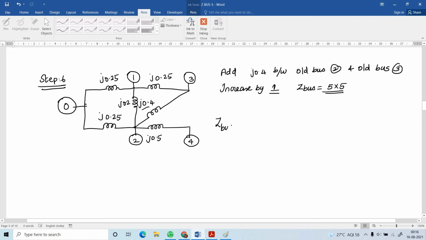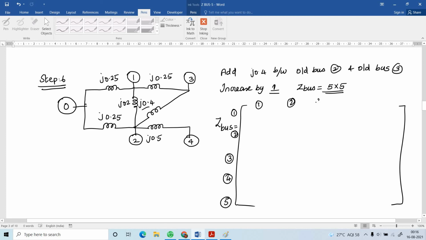First of all, I am going to write the 5 cross 5 matrix first. After finishing this, I am going to eliminate the last row and last column for this matrix.